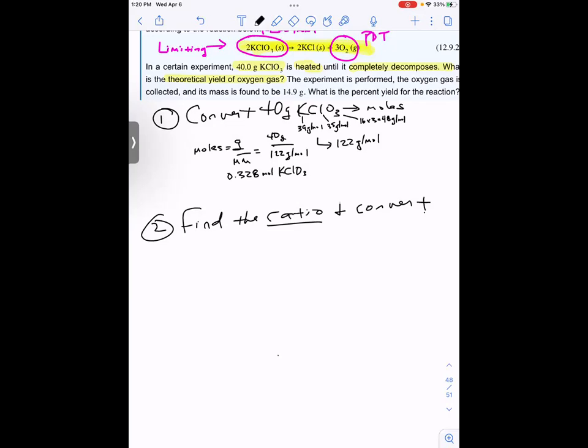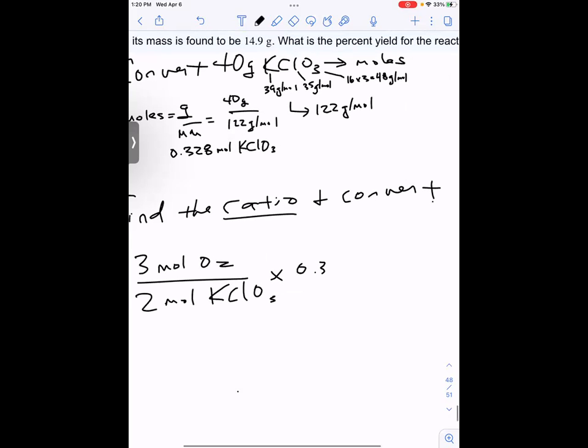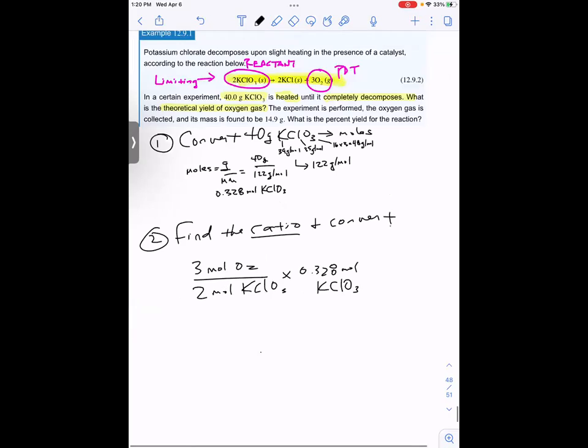All right, so we got 3 moles of O2. And we're going to put that over 2 moles of KClO3 times 0.328 moles of KClO3, because we want to cancel this out. Right?